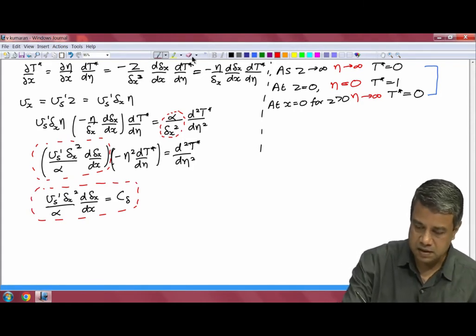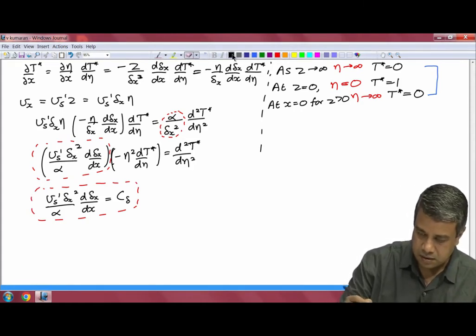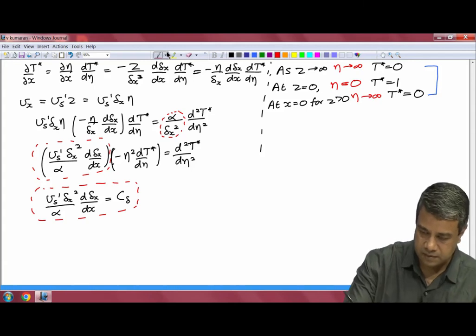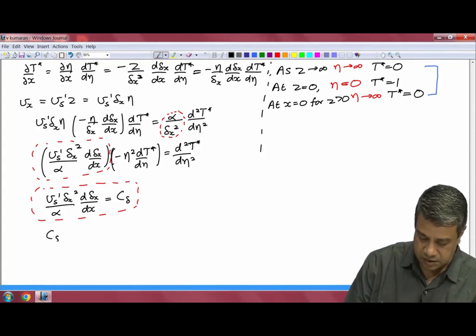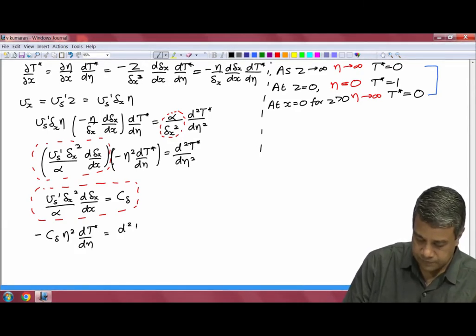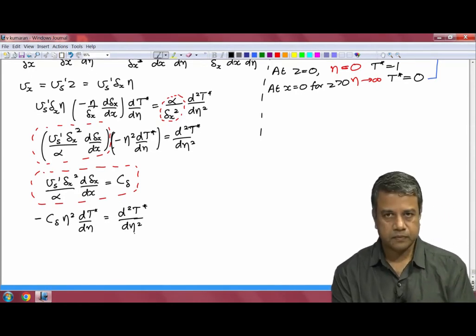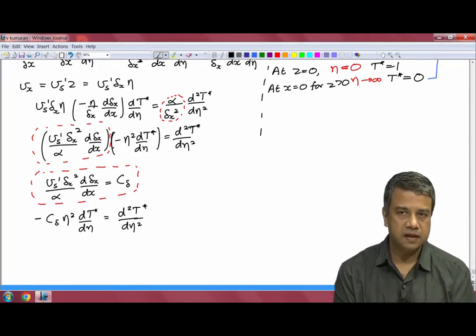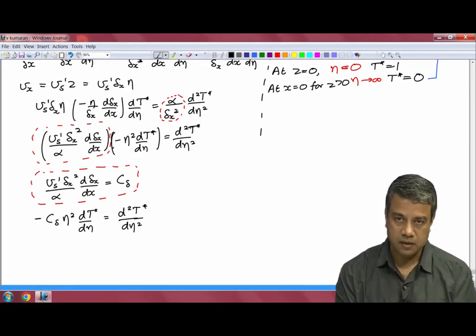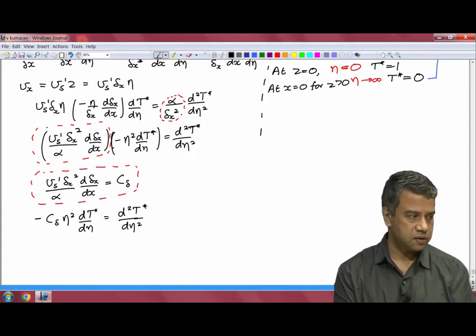The second is the equation for T star in terms of eta, with the negative sign. So, first we have to solve for T star in terms of eta and then delta as a function of x, and put those two together to get the final solution. Okay. So, that is the procedure.